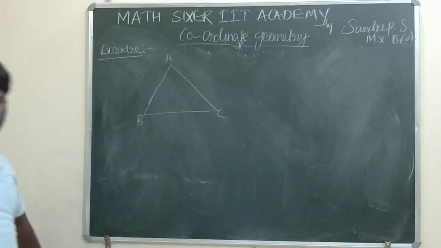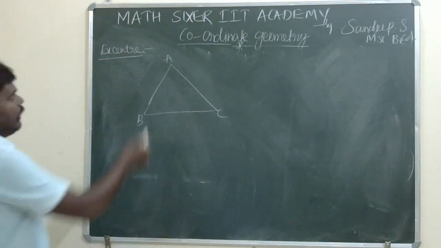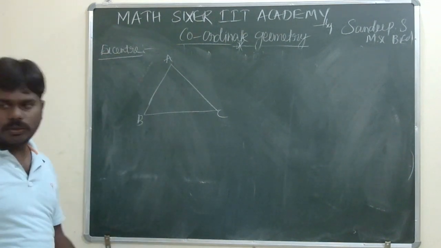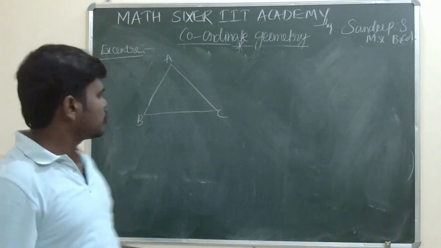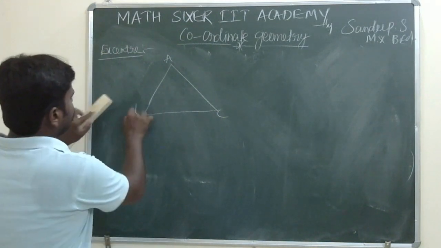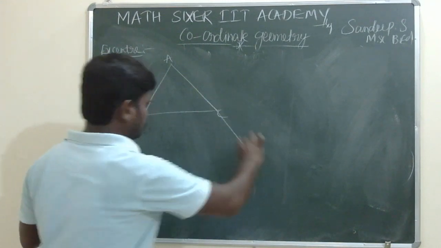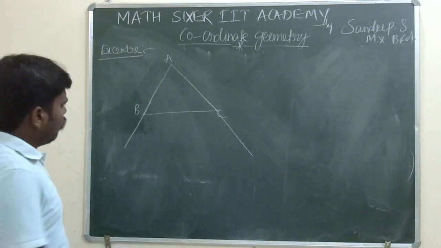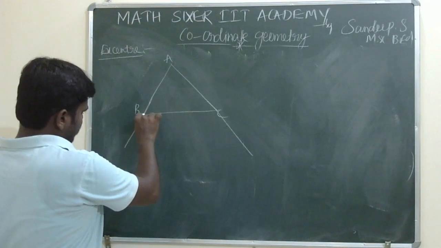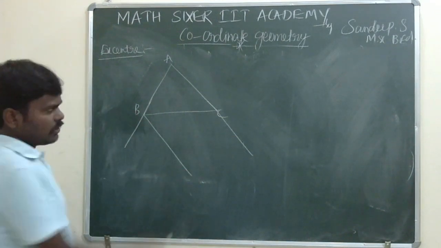Now the excenter means here I want two external angles. To get two external angles, we can extend the sides AB and also AC. Now bisect this external angle B and also angle C.